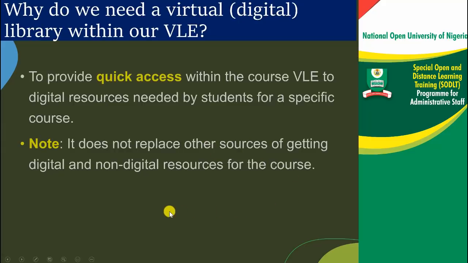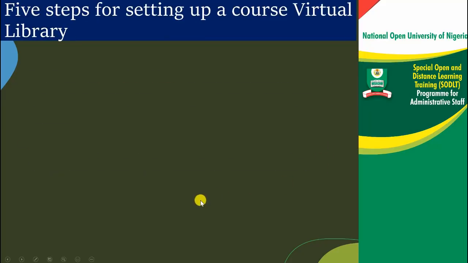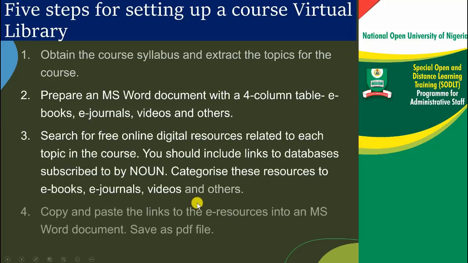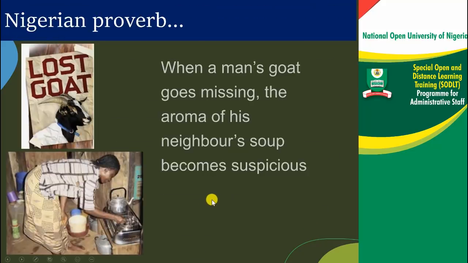But please note that what you are providing there is not to replace any other sources of getting digital and non-digital resources. There are 5 steps of setting up the virtual library in your course, and these are the 5 steps. I'm not going to go through all of them in theory because this one is practical.